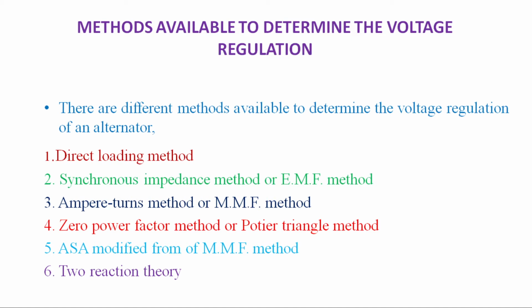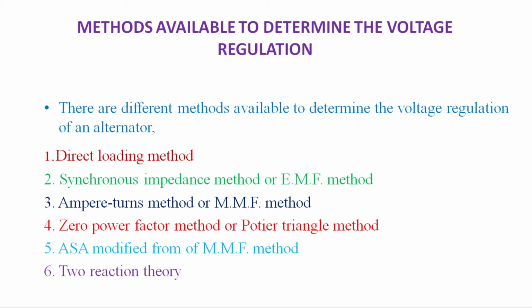Armature resistance per phase can be measured directly by the voltmeter and ammeter method or by using a Wheatstone bridge. OC and SC characteristics you can plot. To plot the OC characteristics, we run the machine on no load and note down the values of voltage and excitation current.